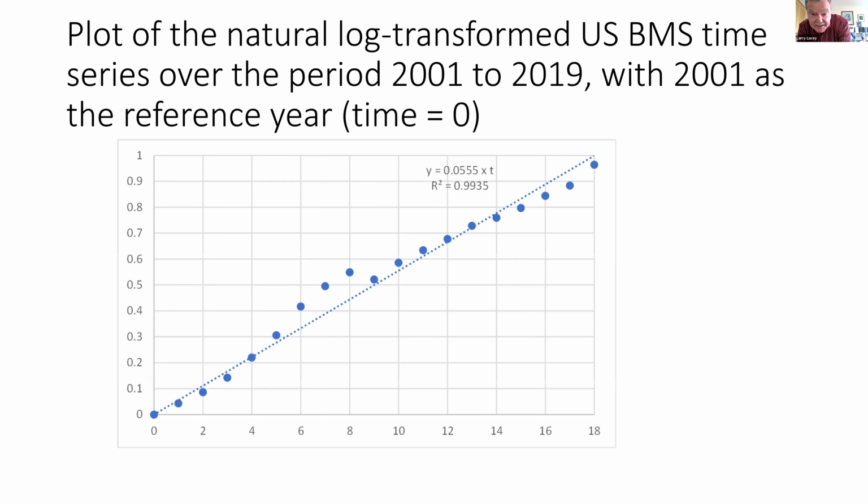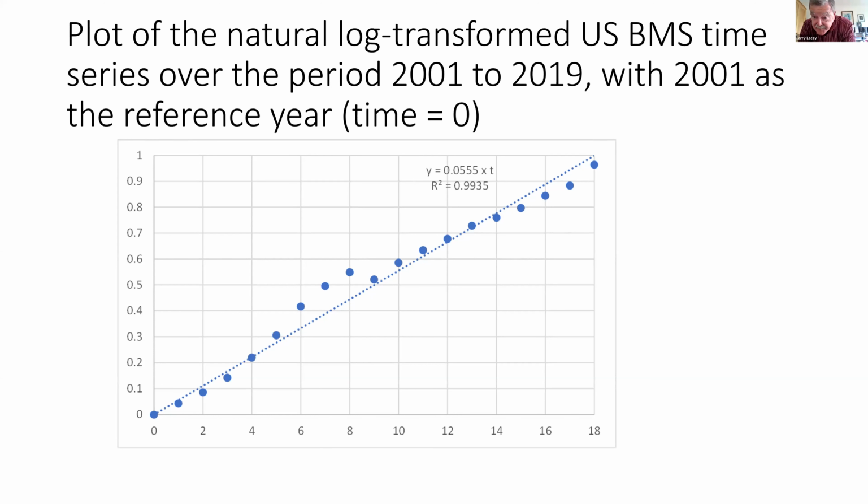So here we have the plot of the natural log of the raw money supply, but it's the same as the information entropy: 0.0555 times t. That's the information entropy of the process. As you can see, something weird and wonderful was happening around 2007, 8, 9.